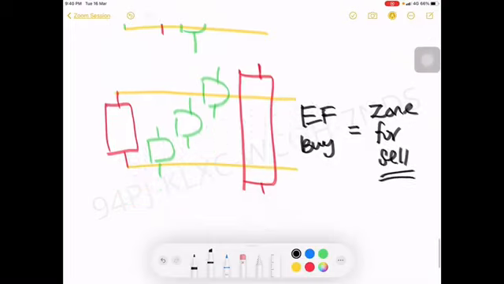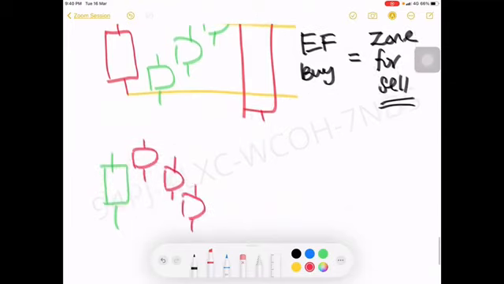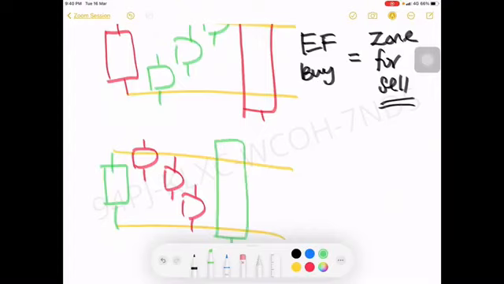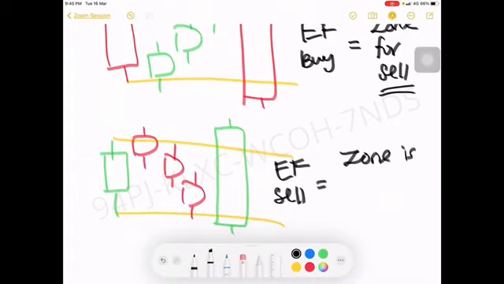And I'm going to have another one that looks like this. You mark that place, but it went up. So that means it's EF sell, meaning the zone is for what? For buy. Yes, that is correct.